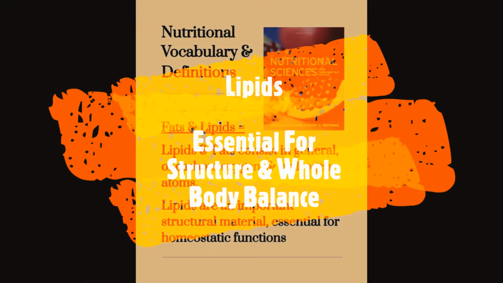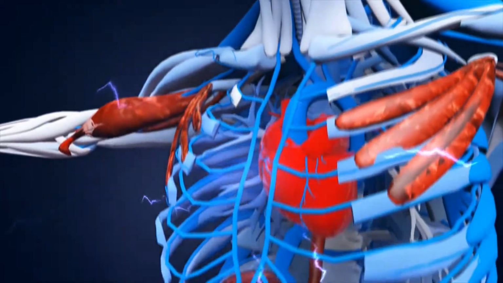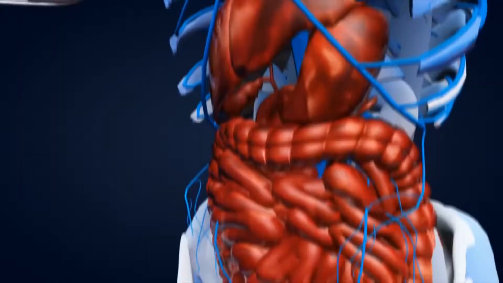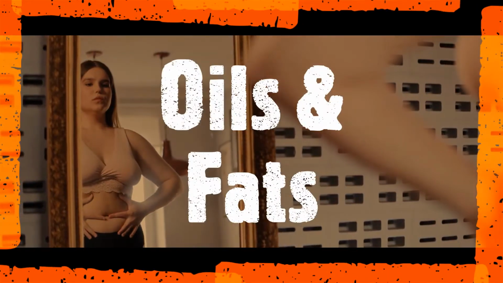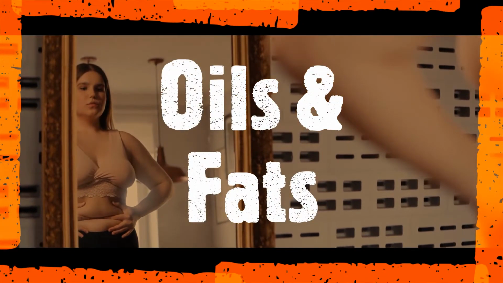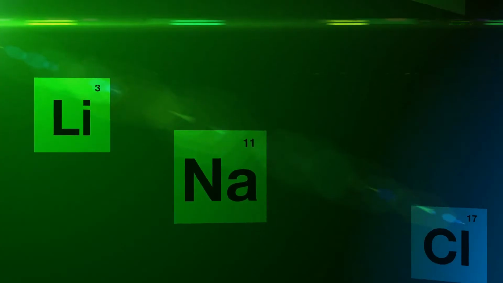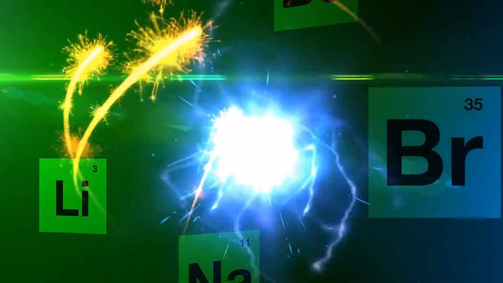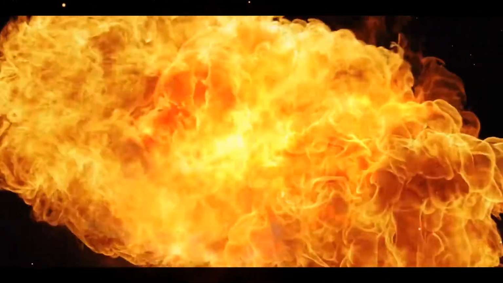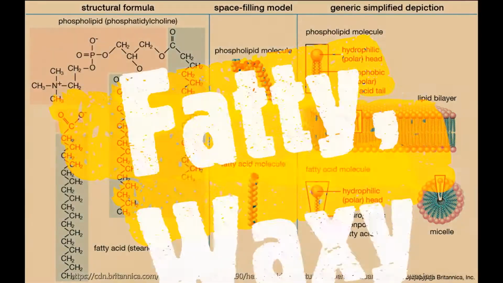Fats and lipids are essential components of the homeostatic, or balancing, functions that are taking place within our body. Lipids contribute to some of the body's most important processes. Lipids include a variety of oils and fats that are found in our foods, in general consisting of carbon, oxygen, and hydrogen atoms, while providing large amounts of energy for our cellular processes.